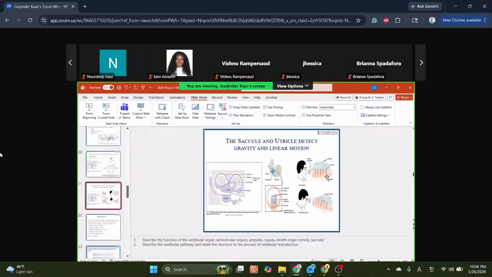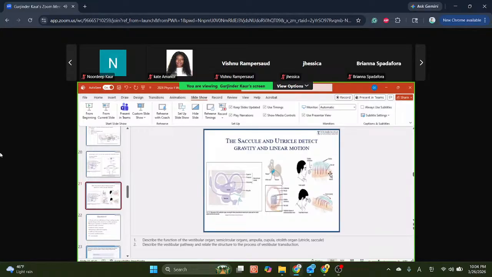So basically, when it's not moving, they are not moving. If they are moving forward, they are depolarizing, right? If they are sitting straight, none of the channels are open. Okay, so it is at rest, right?